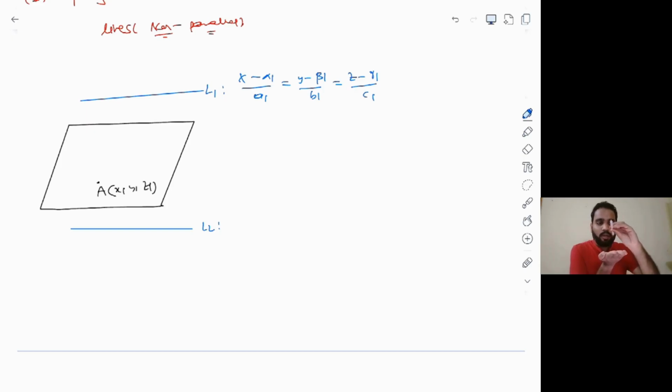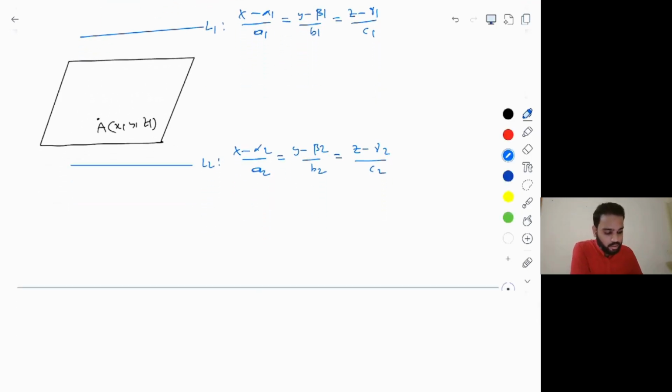And you need to imagine one more line, something like this, that is also parallel to the plane, but L1 and L2 are not parallel, right? So let me take L2 as x minus alpha 2 divided by a2 equals y minus beta 2 divided by b2 equals z minus gamma 2 divided by c2.